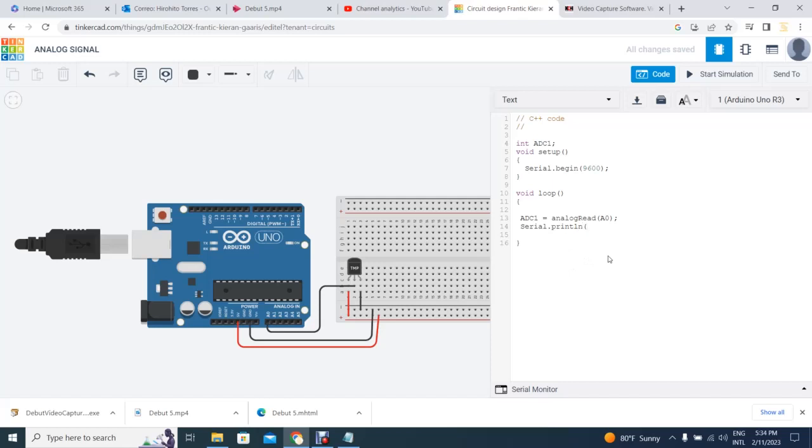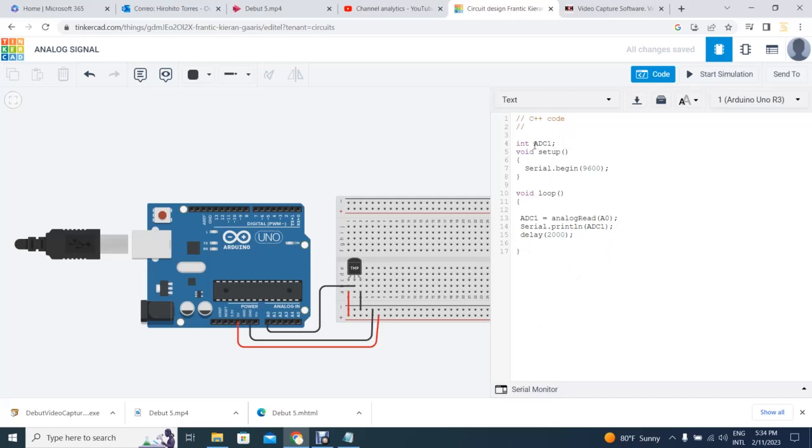And now we write ADC1, and then we're going to delay the next reading a little bit, so it's going to be delay, let's say, by 2 seconds, so that's 2000 milliseconds. Be sure you put the semicolons at the end.